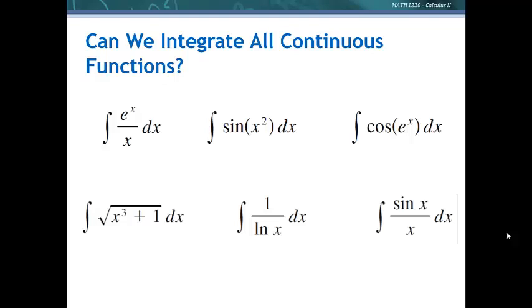They're functions made up of polynomials, rational functions, power functions, exponentials, logs, trigs, inverse trig functions, hyperbolic and inverse hyperbolic functions, and they are obtained from these functions by adding, subtracting, multiplying, dividing, or composition. So we know that if we have these that are continuous, they are integrable. We just may not be able to explicitly write down the solution analytically.